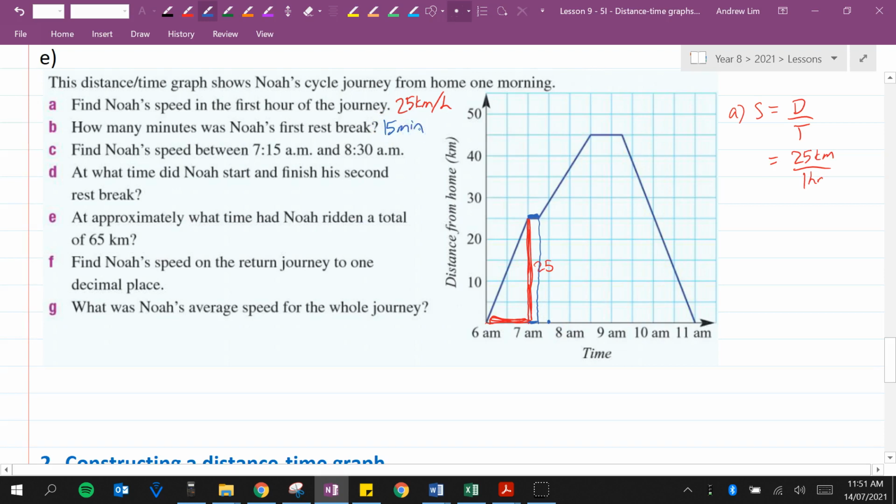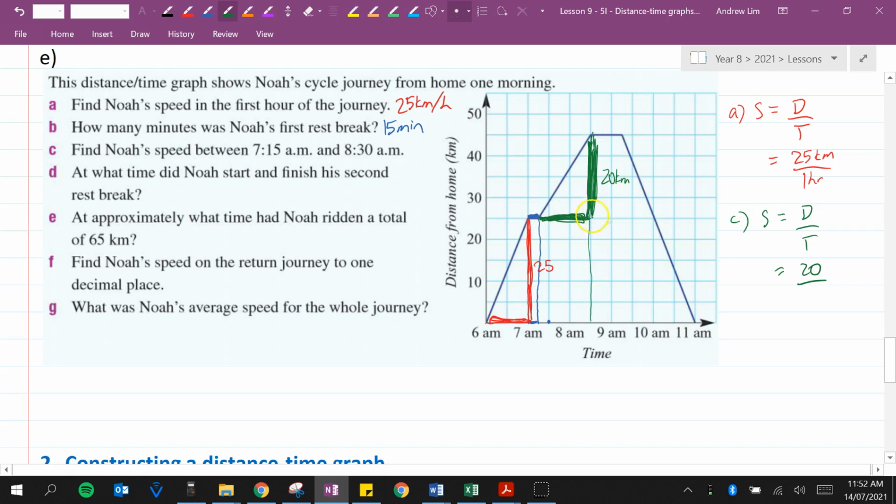Find Noah's speed from 7:15 to 8:30. So we want to know how far he traveled and how long it took. How far he traveled is 45 minus 25, that's 20 kilometers. Speed is distance over time, so that's 20 over how long did it take?